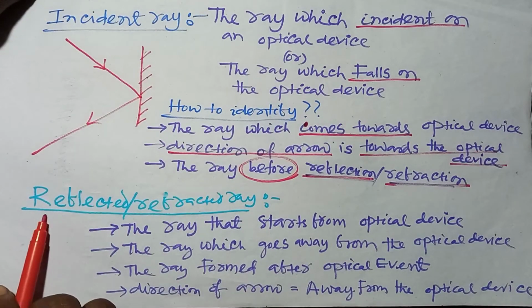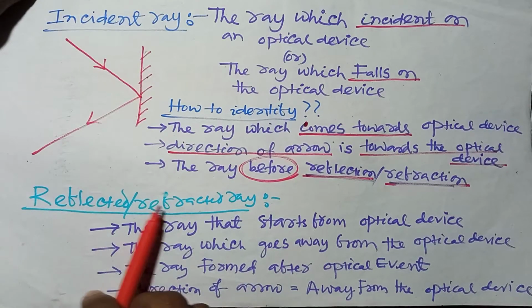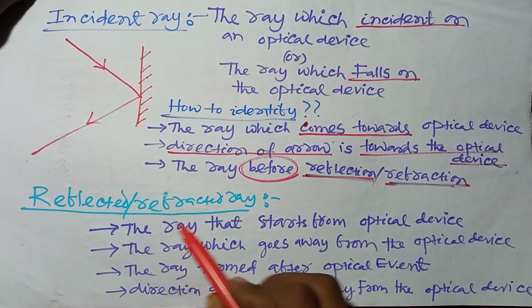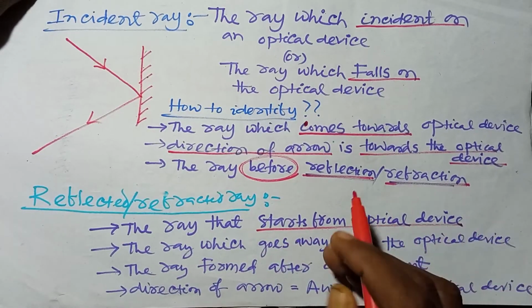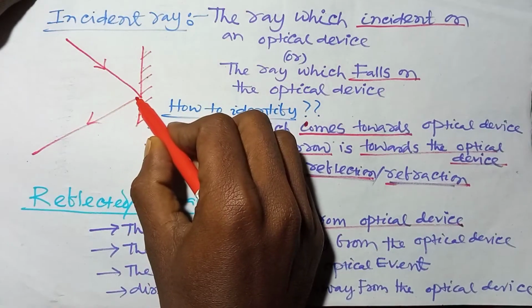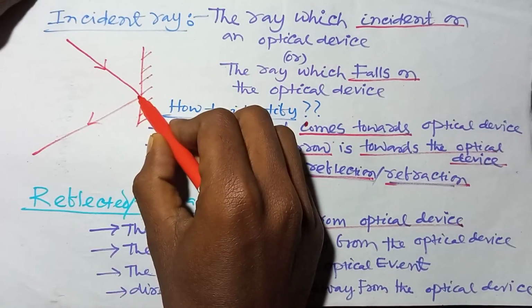So here is the definition of reflected or refracted ray: the ray which starts from the optical device. As you can see, this ray is starting from the optical device.